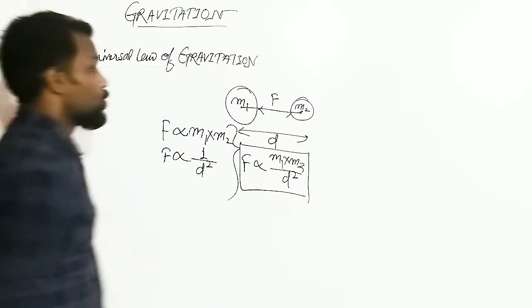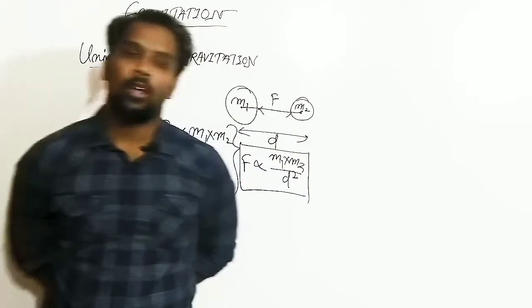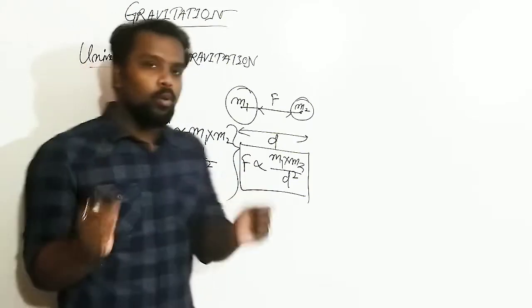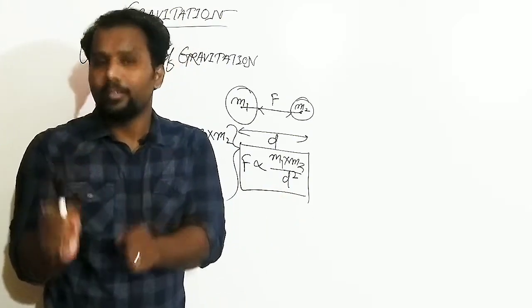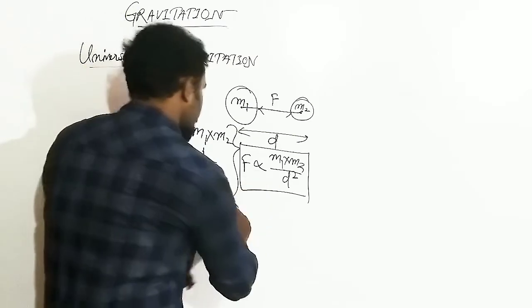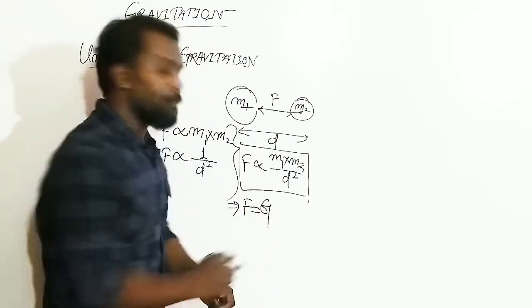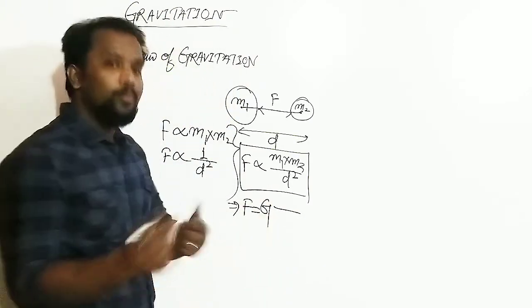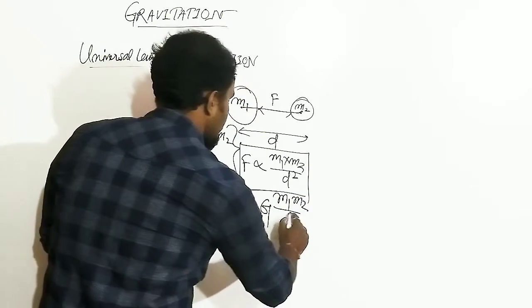But here we have to remove the proportionality part. Whenever we have to remove the proportional sign, we add a new constant term. So here we add one constant term, capital Z. Then the proportional sign is removed and the remaining things stay the same, m1 m2 by d square.